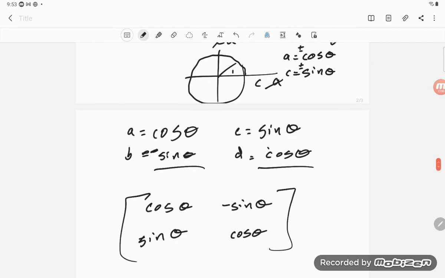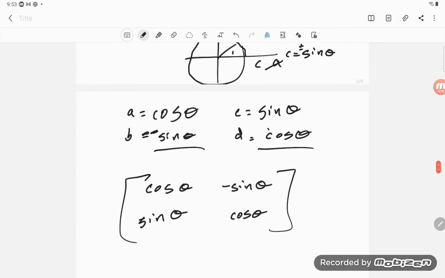Okay, and again, we did have a little flexibility. I could have swapped the sines and the cosines, made the diagonal sines and the off diagonal cosines.